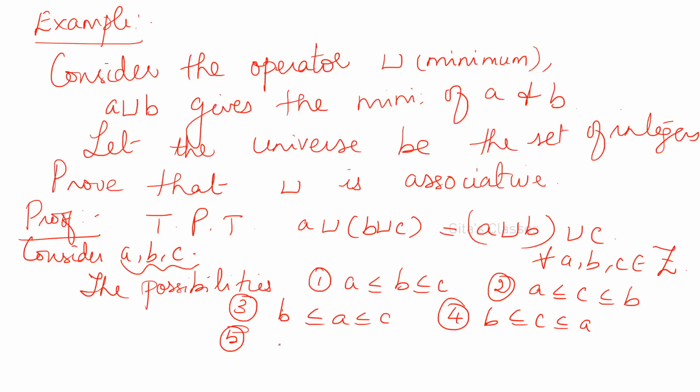Fifth possibility is c less than or equal to a less than or equal to b. And next possibility is c less than or equal to b less than or equal to a. These are the 6 possibilities. We don't know which will come. We are going to consider a, b, c, 3 integers, and they can be any one of these 6 possibilities. So we have to prove the law for all the 6 possibilities.